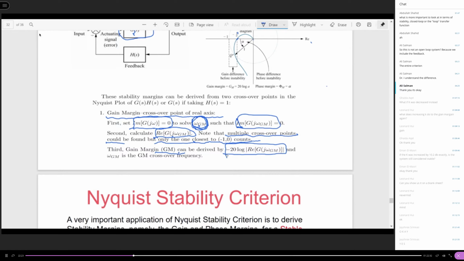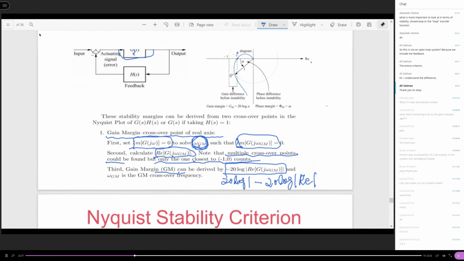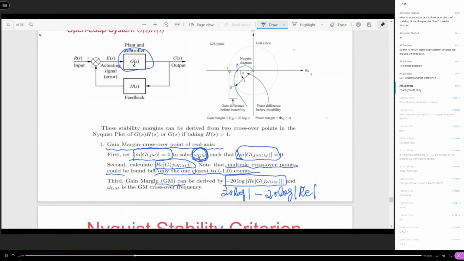Well, this is equal to 20 log 1 minus 20 log of the absolute value of the real part. Like I just said, I want to measure this distance as the gain margin, but in dB, in 20 log.